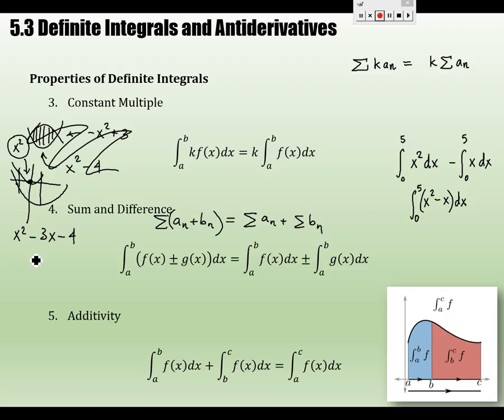I think the answer is yes, because on some interval, if I asked you to find the area between those, you could just using stuff you already know, geometry. The area underneath the top one would be this integral, and the bottom one would be the integral of x squared minus 3x minus 4 dx.